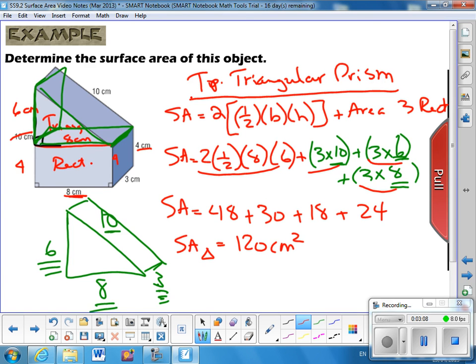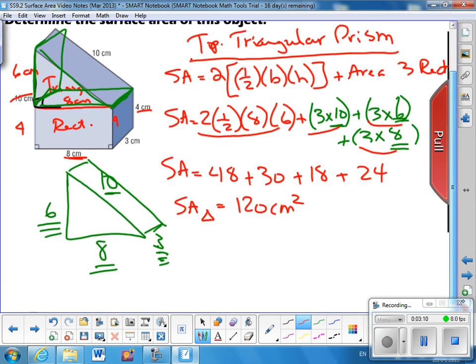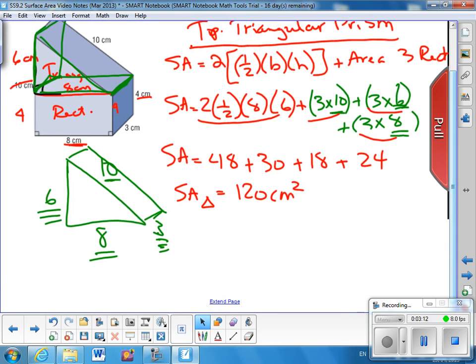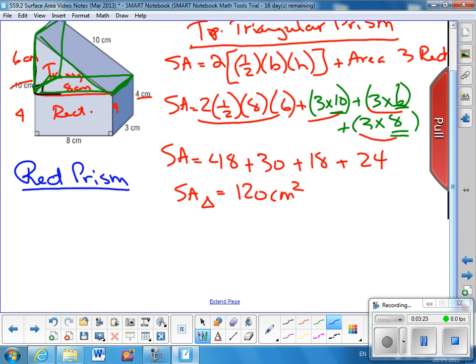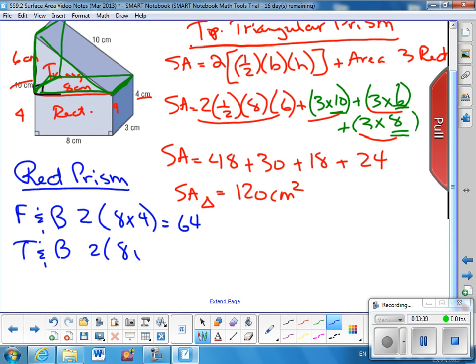Okay, we're going to do the bottom triangular, or rectangular, prism next. Okay, so I like to do front and back, F and B. Okay, there's 2 of them. They're both the same. They're 8 by 4. The top and the bottom is 2 8 by 3s.